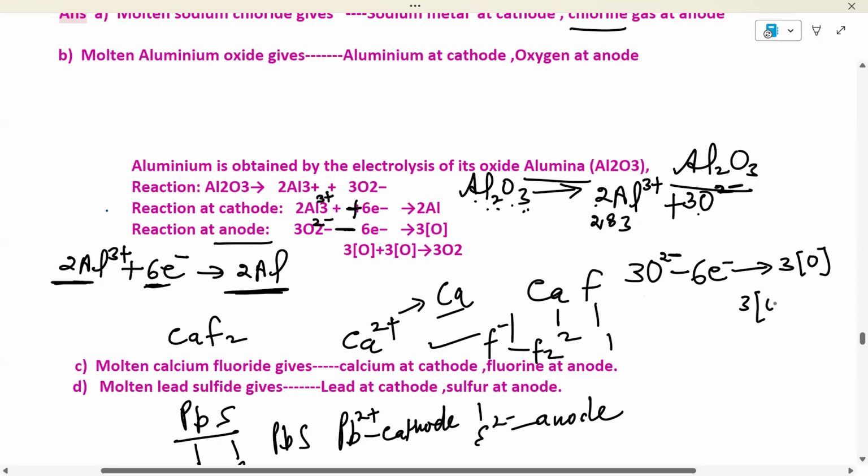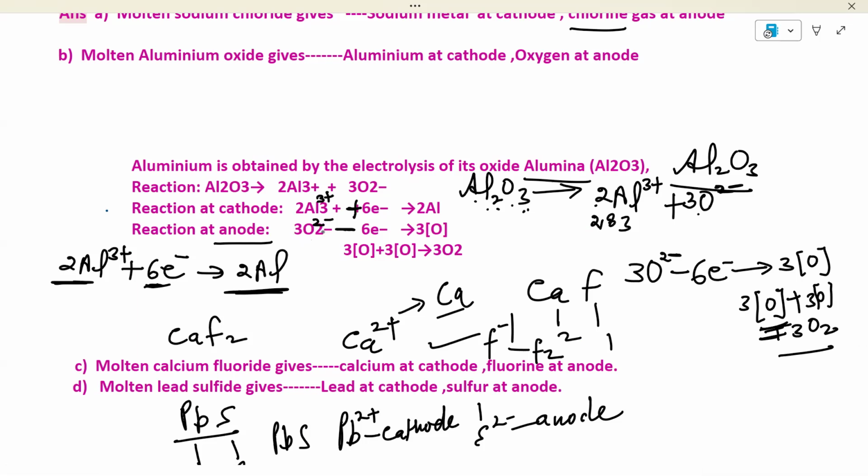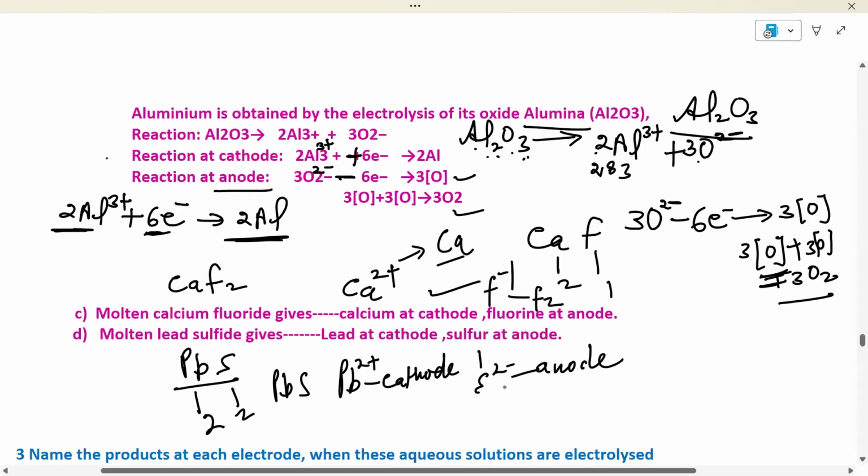And when 3 different oxygen atoms combine with each other, they will give oxygen molecule. 3 oxide, 3 moles of oxide. It is an ion. Always remember, it is an ion, it is an atom, and it is a molecule. From your level, students usually make such mistakes in exams and they lose their marks. So oxide, after losing 6 electrons, becomes 3 moles of oxygen atom. Right. We did till here.